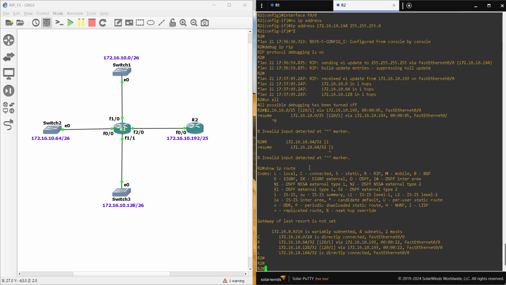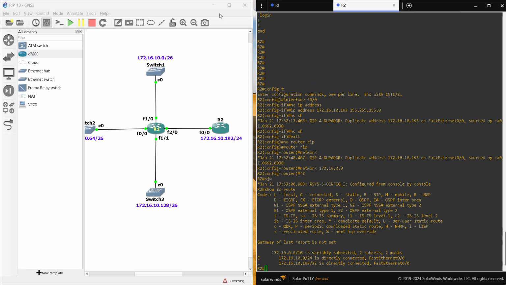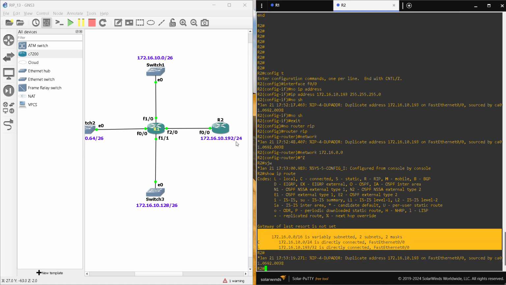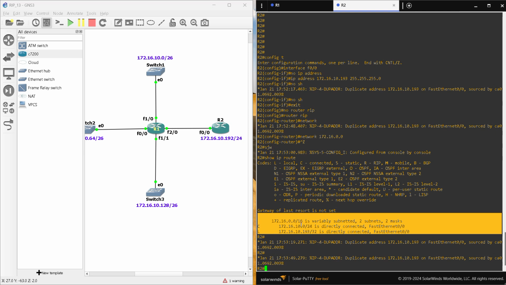Let me pause and wait. Now here, as you can see, we have received this because it is /24, right? We have configured 255.255.255.0, so basically no subnetting. So you haven't received any RIP packet, or the control packet.